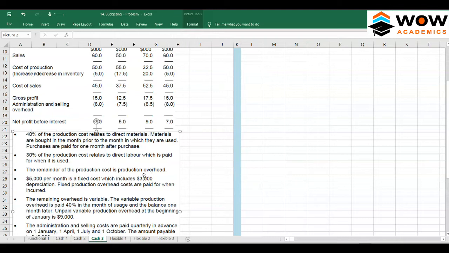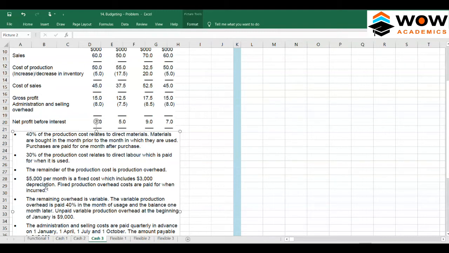Out of those overheads, 5,000 is a fixed cost, which includes 3,000 depreciation. Depreciation is a non-cash expense, so we should not consider it. So the fixed cost would not be 5,000, it would actually be only 2,000, because we should ignore the non-cash expense. Fixed production overheads are paid for when incurred. So the same 2,000 will be paid in the same month.